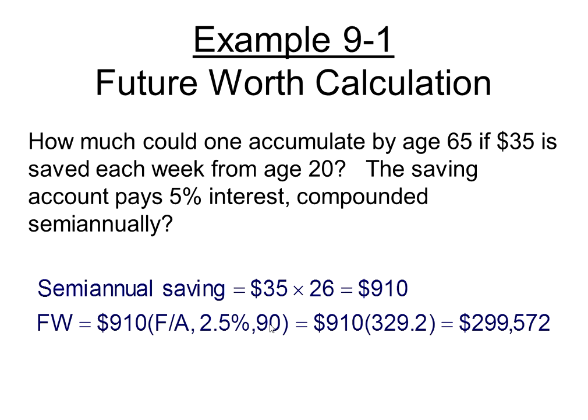And then this 90, this is our N. And again, I already have explained that if we have 65 as a future year and 20 as 0, then we have 65 minus 20, 45 years. But because the compounding period is half a year, then we have 45 multiplied by 2, 90.